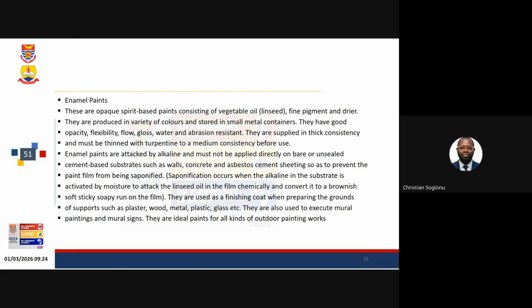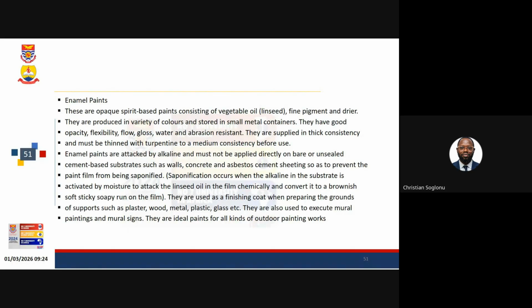Enamel paints are attacked by alkaline and must not be applied directly on bare or sealed cement-based substrates, such as walls, concrete, and cement sheeting, so as to prevent the paint film from being saponified.